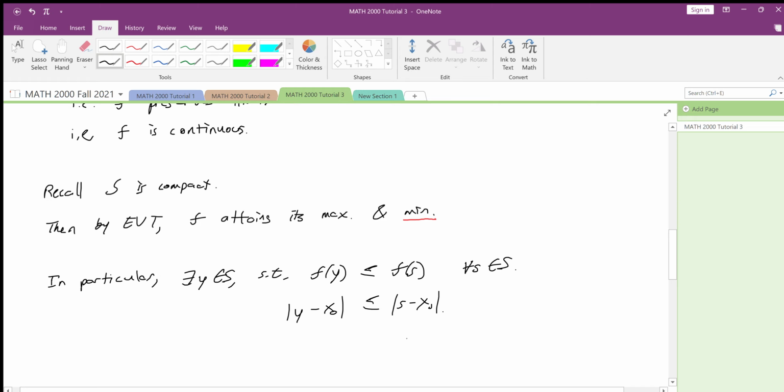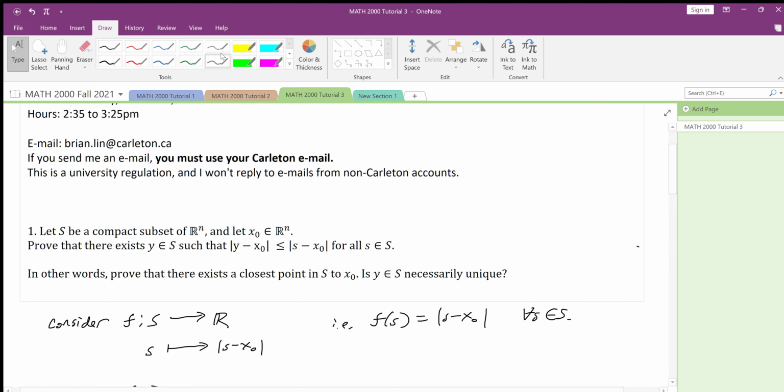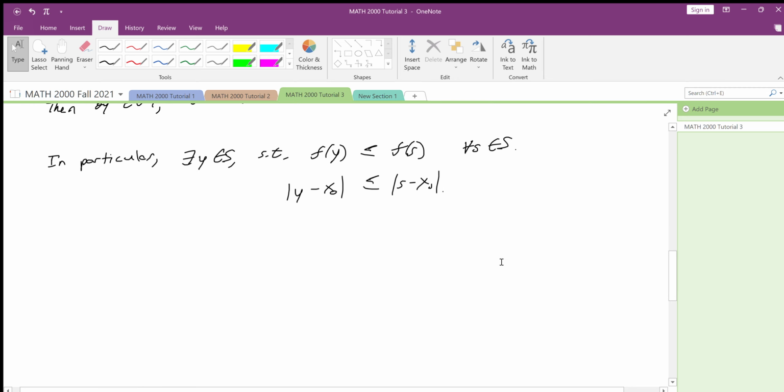So then we're done, because we have literally shown that there's a point y inside S that is closest to x naught, for all s in S. So therefore, y is the point in S that is closest to x naught. So that's part one.